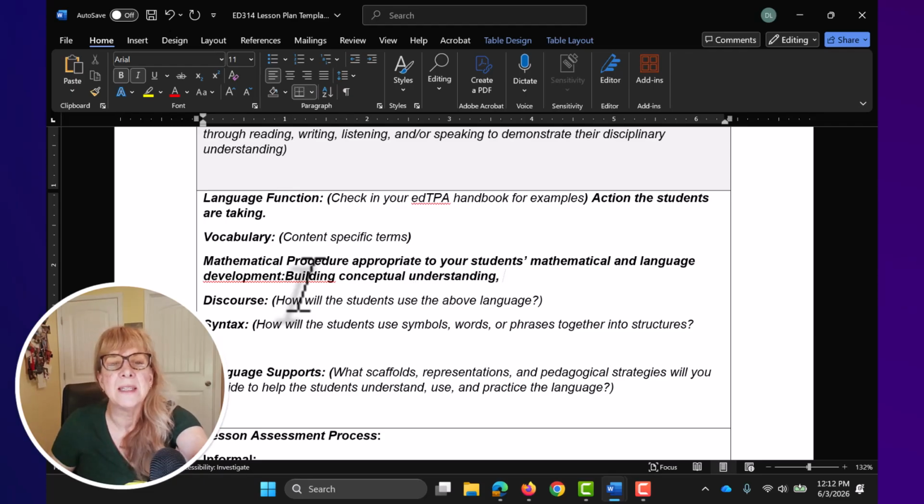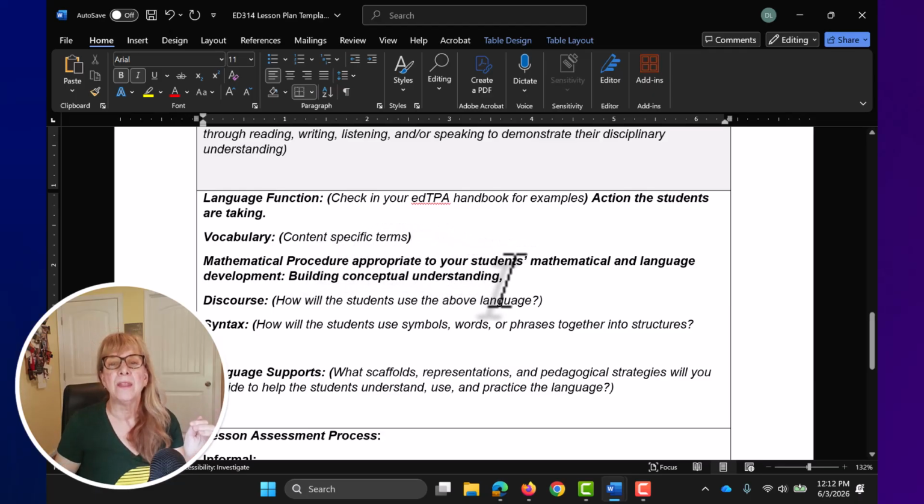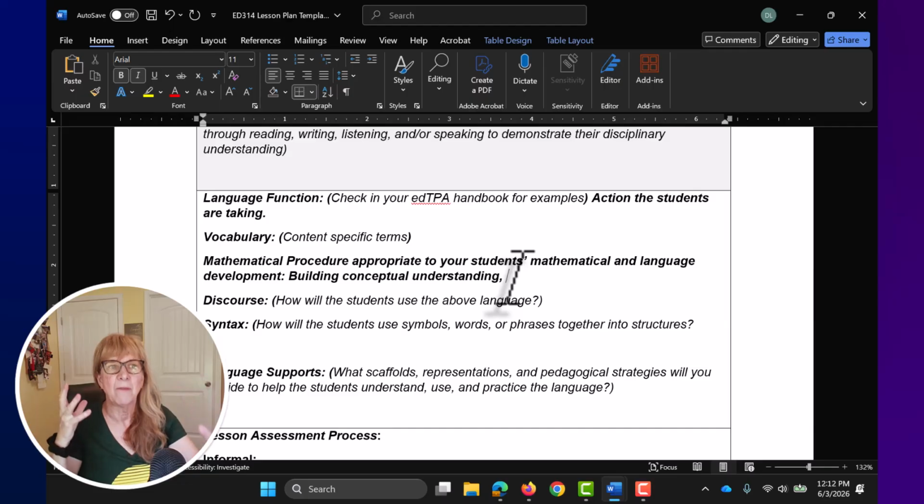So is this like the first lesson in this new area? Like it's the beginning of a unit on fractions. Your students have never done fractions before. They're in third grade. They've never worked with fractions before. So you're introducing the concept and you're using concrete objects and other examples for them to develop the idea of what a fraction is. If that's what you're doing, then conceptual understanding is what you're building in this lesson.